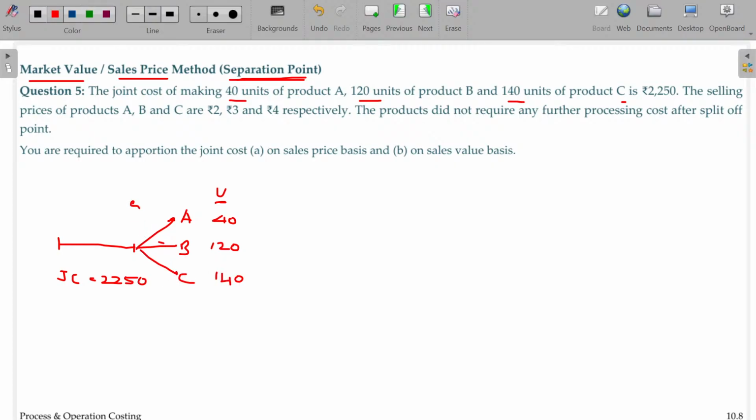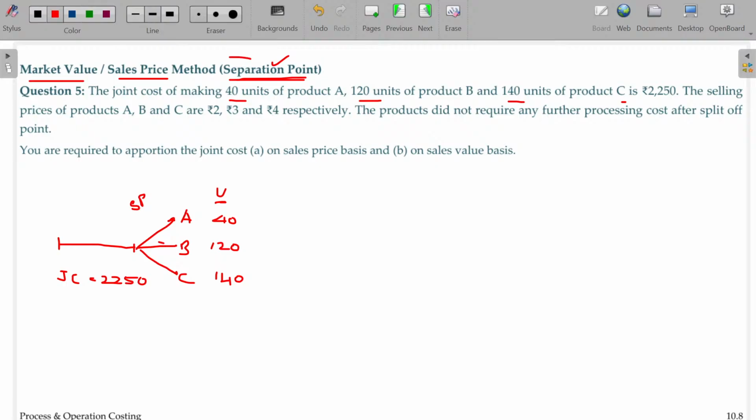This is called the split-off point, otherwise named the separation point. Once the items are separated and immediately sold, that is the separation point sales price. If we do some additional processing, that will be called the sale price after further process.